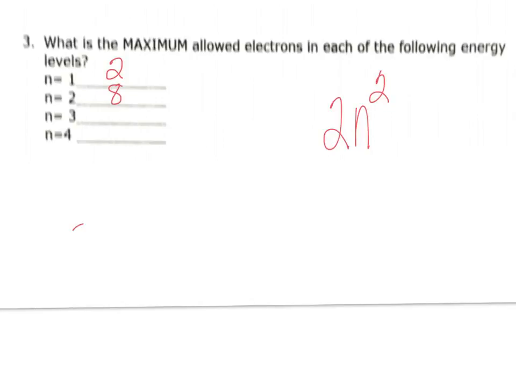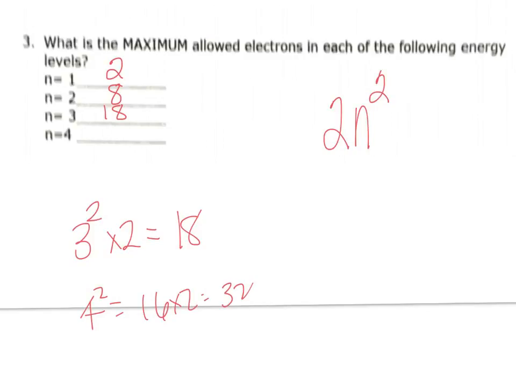For energy level 3, we would do 3 squared, which is 9, times 2 is 18. And the last one, 4 squared is 16, times 2 is 32. So energy level 4 could hold a maximum of 32 electrons.